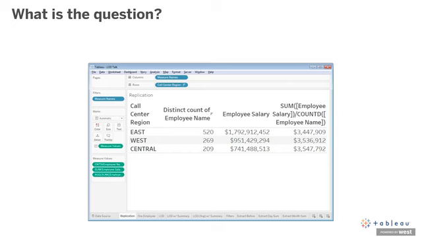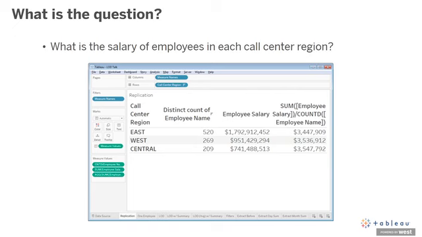Well, I have call center region, I have count of employees, I have employee salaries, and if I divide the employee salary by the number of employees, you'd think that I would get the salary of each employee in each call center region, or the average salary of the employees in a given call center region.